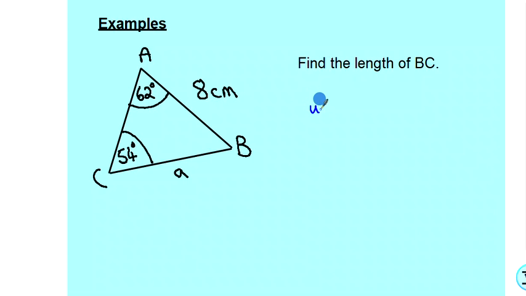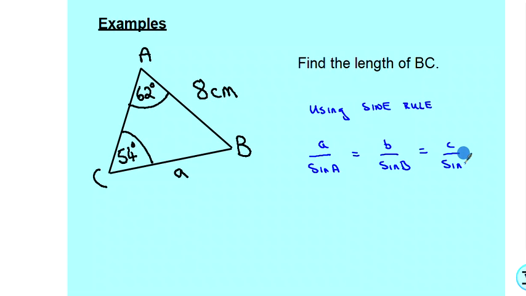So I would say using sine rule, you're just basically telling the examiner you know what you're doing. So it's a over sine A is equal to b over sine B is equal to c over sine C.